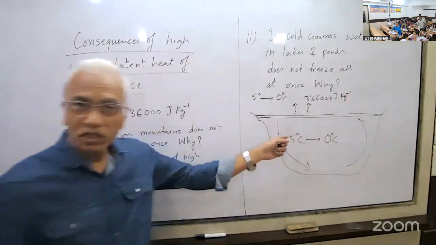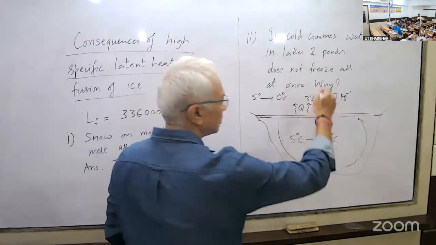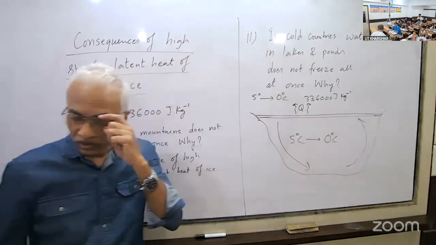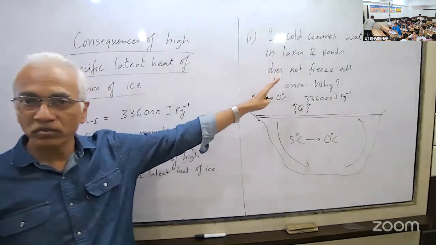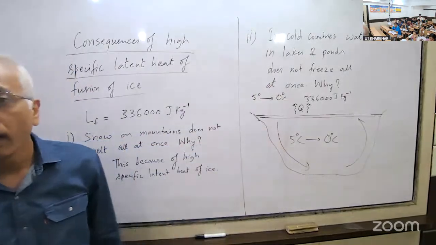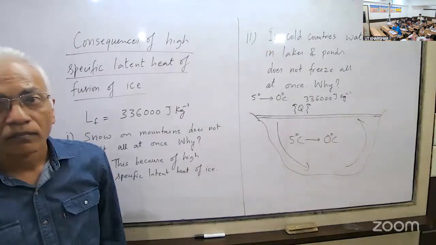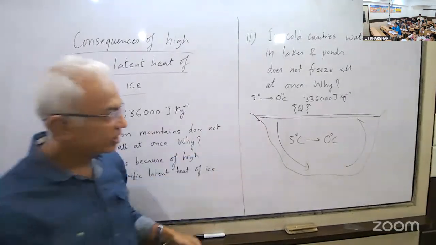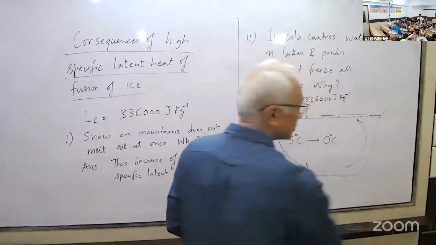When the water is freezing, it is releasing heat back into the atmosphere. Now, what next? It will continue till the whole lake reaches 0. Now the upper layer will become ice.